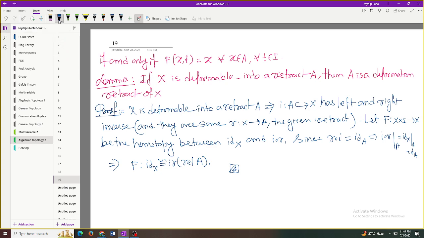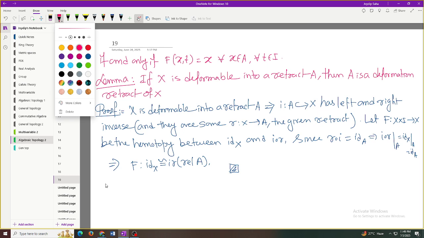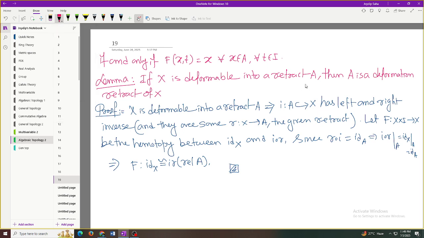Corollary. So deformable into a retract, then A is a deformation retract of X. I want to say, deformable into a retract of A, then A is what I have seen.